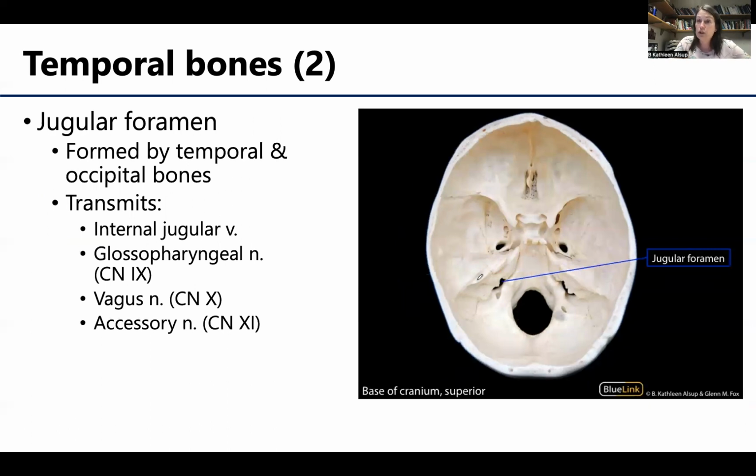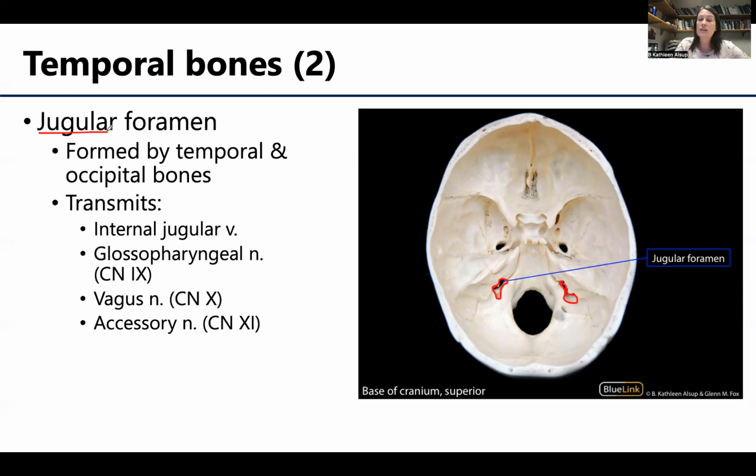Another foramen that I want you to be aware of in this region is, I have it here associated with the temporal bone, but it's actually between the temporal bone and the occipital bone. You can see this is this fairly irregularly shaped foramen or opening, and this is referred to as the jugular foramen.